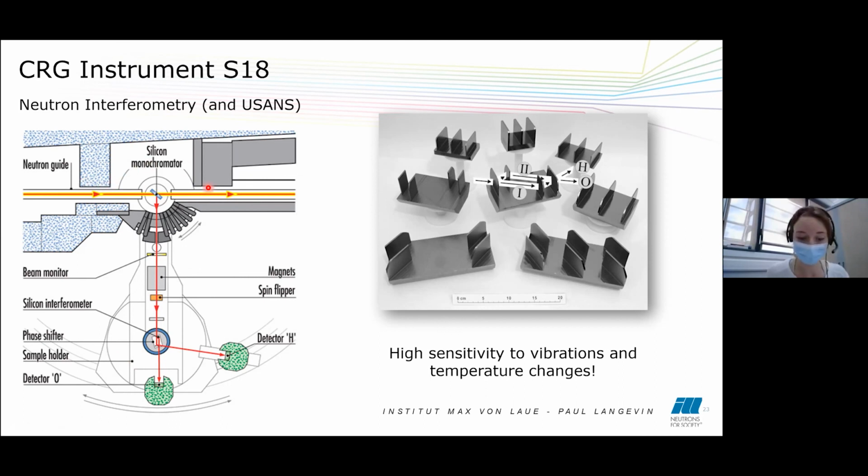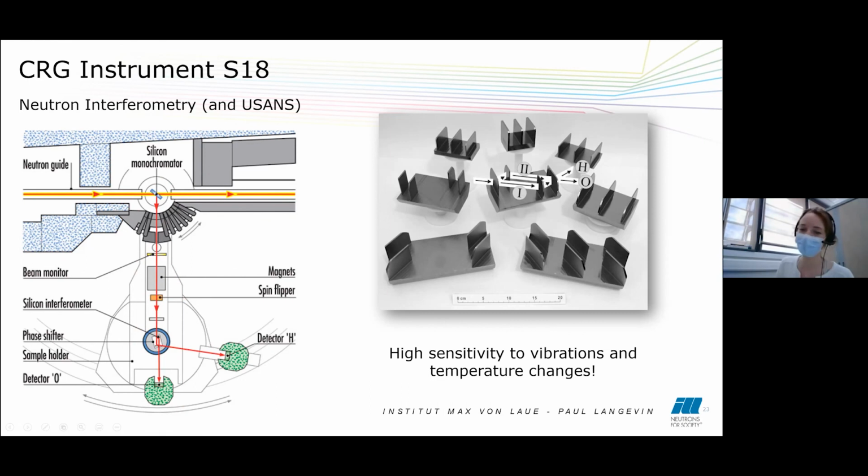S18 uses thermal neutrons from the beamline H25, and here the neutrons are first selected by a monochromator. And as shown in the Cheshire Cat examples, the neutron can then be polarized and spin flipped if needed. The position of the neutron interferometer together with the phase shifter is indicated as well. And the existence of the detectors, the O detector and the H detector, should not be something new to you.